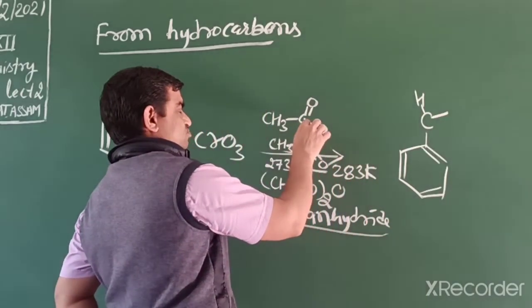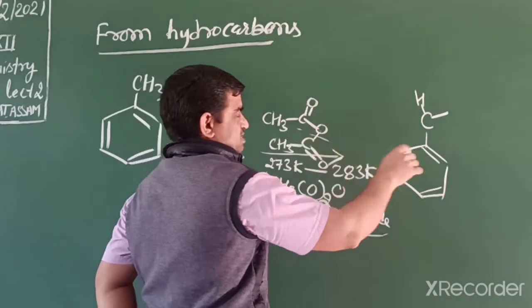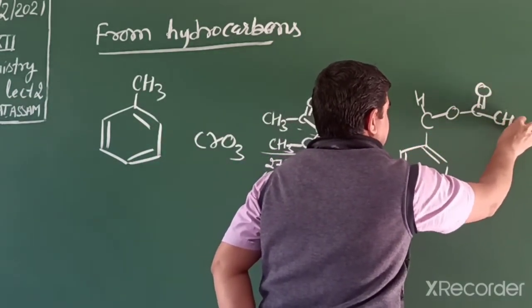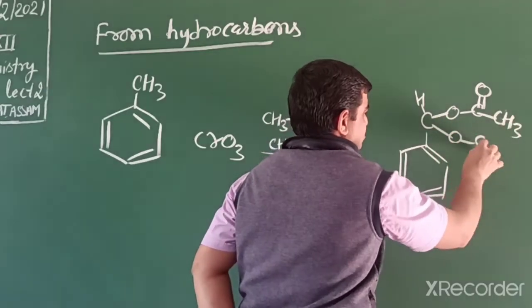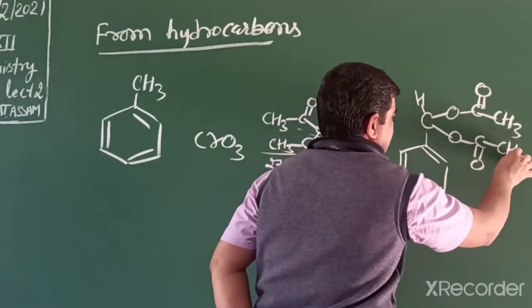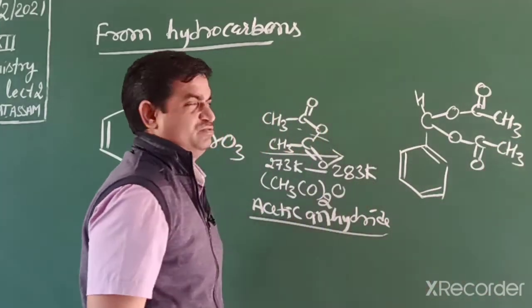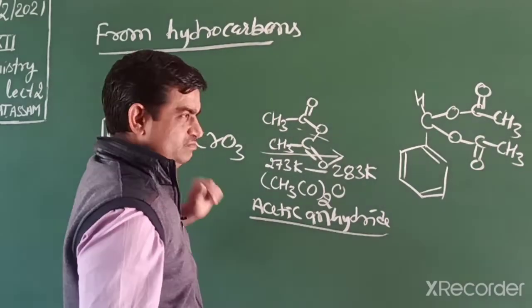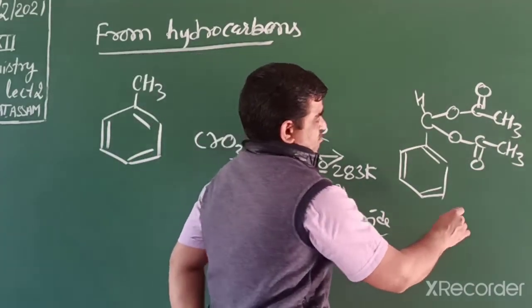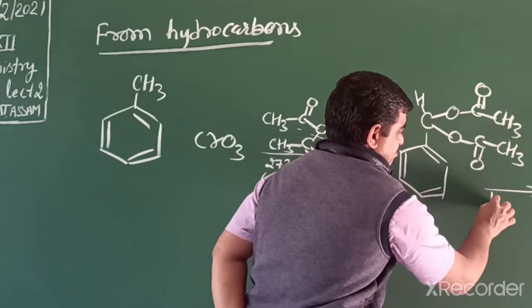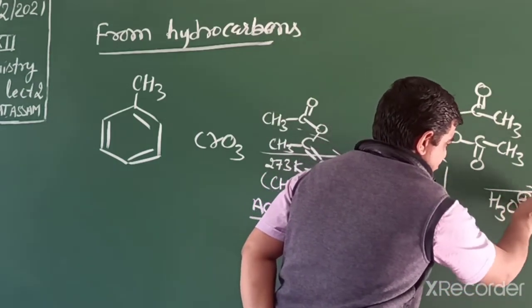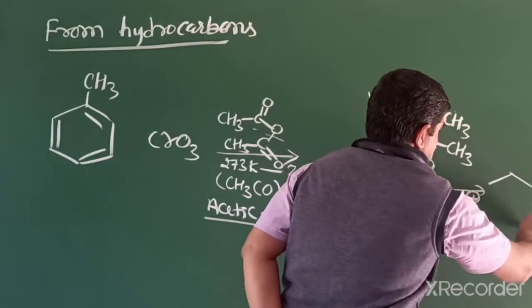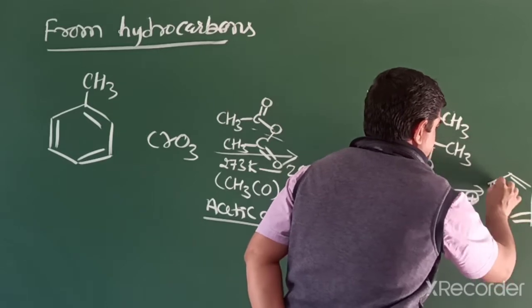Acetate dissociates from this side and we get 2 moles of acetate. This type of compound we get when acetic anhydride reacts with toluene. Further it hydrolyzes in acidic medium, the bond dissociates and the product is aldehyde.